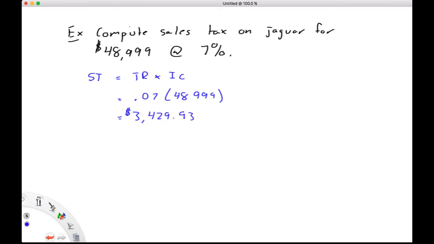I'm not sure if I can even afford to pay the taxes on this car, but there we go. $3,429.93 would be just the sales tax if you bought that Jaguar we found. So there you go.